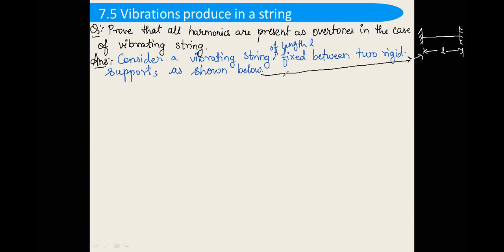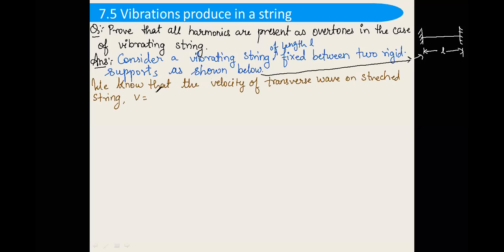So consider a vibrating string of length L fixed between two rigid supports as shown below. Now we know that the velocity of a transverse wave on a stretched string is given by V equals what?